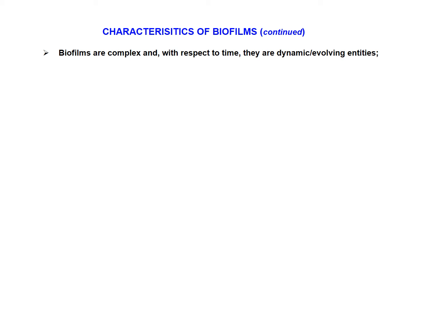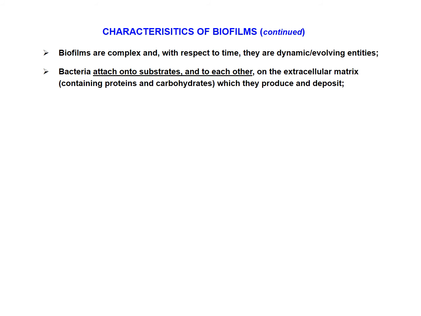First and foremost, there is no doubt that the biofilms are complex environments, and as far as the time course is concerned, they are very dynamic and they are changing with respect to time. The bacteria, which are the constituent cells in these biofilms, attach not only onto substrates but also to each other with the help of the extracellular matrix, which they produce and deposit on the surface of the substrate.